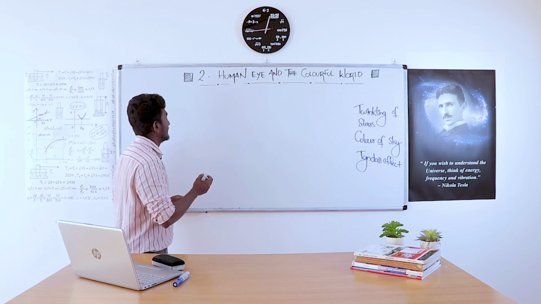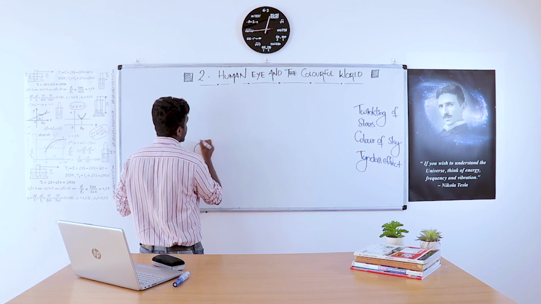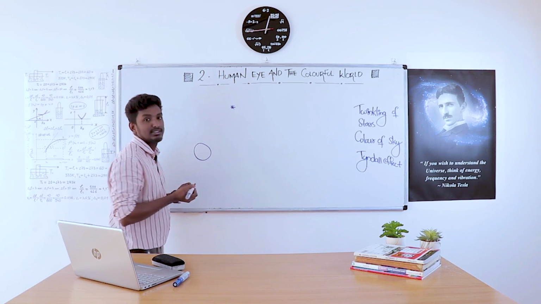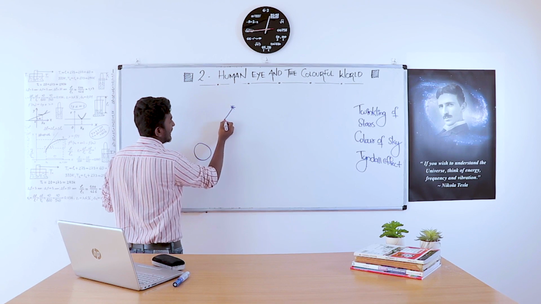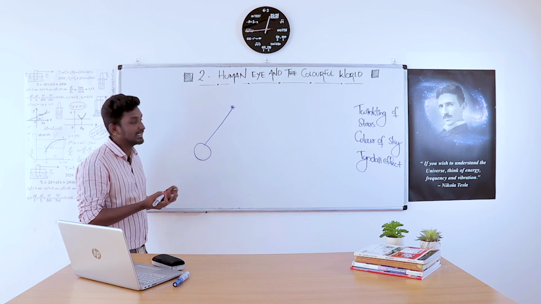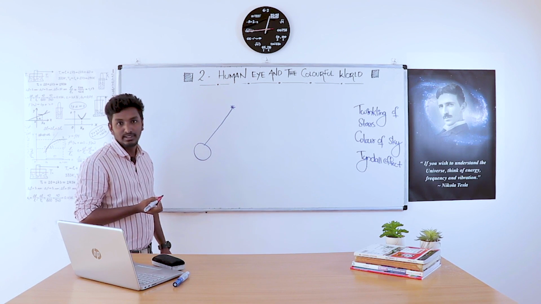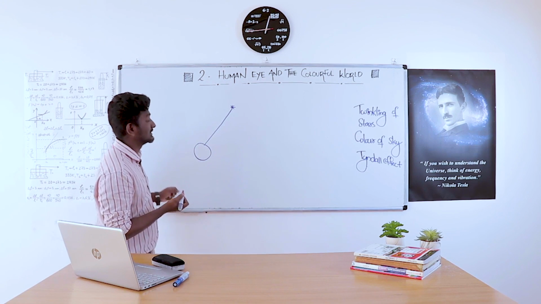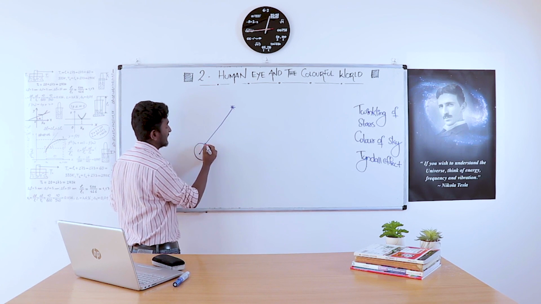Because we know that stars are at a large distance from earth. The light from these stars reaches the earth, and when this light passes through the earth's atmosphere, it causes atmospheric refraction and reaches the observer's eye.